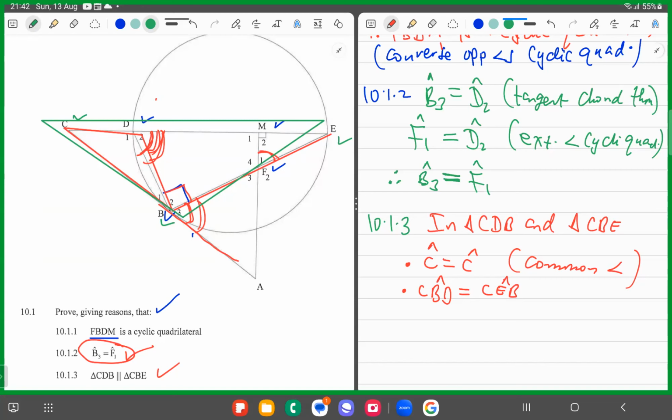Right, so obviously because this one is a tangent, this angle here, B1, is equal to that angle there. So angle CBD is equal to angle CEB, by the tangent chord theorem.